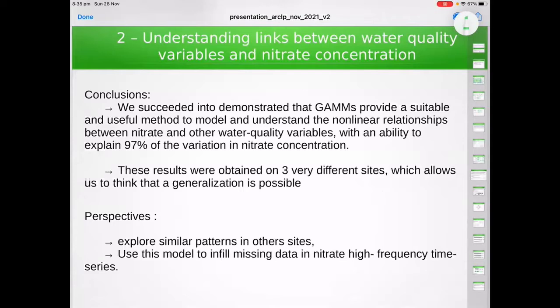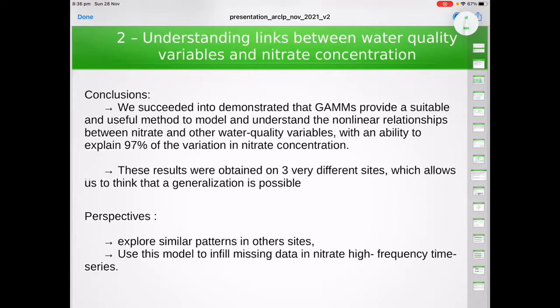We have seen quite different relations between the different sites. As a perspective of this work, we can explore similar patterns in other sites from the NEON database.